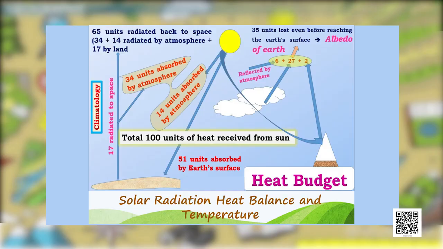This can happen only if the amount of heat received in the form of insolation equals the amount lost by the Earth through terrestrial radiation. This balance between the insolation and the terrestrial radiation is termed as the heat budget or heat balance of the Earth.